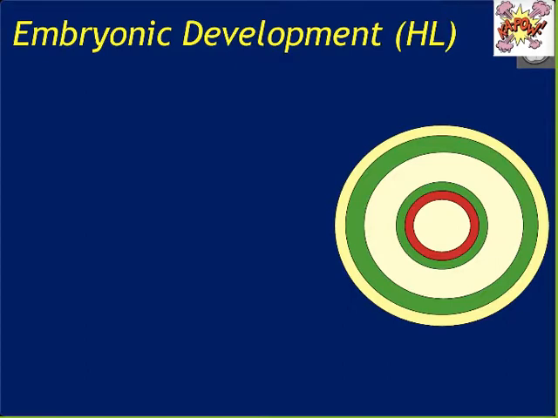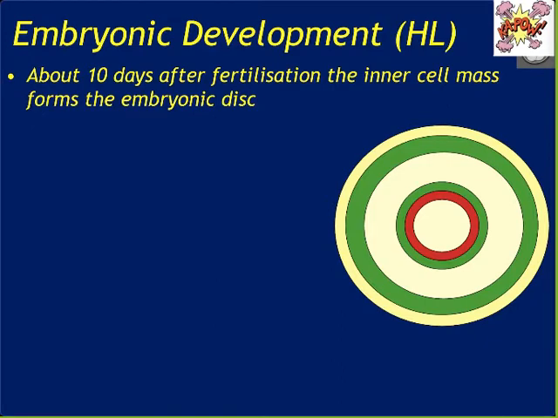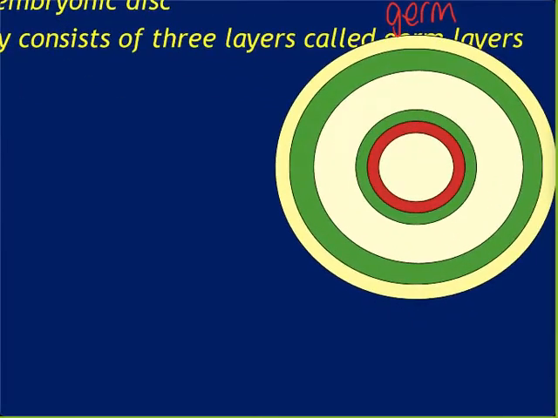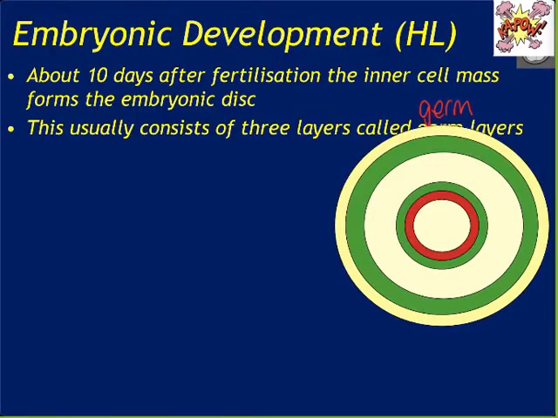Now you don't have to reproduce this diagram, but it's in there to help you. So the inner cells in that blastocyst, they form what is called the embryonic disc, and in that embryonic disc there are layers, and the layers are called germ layers. And these layers will become different parts, different systems essentially.